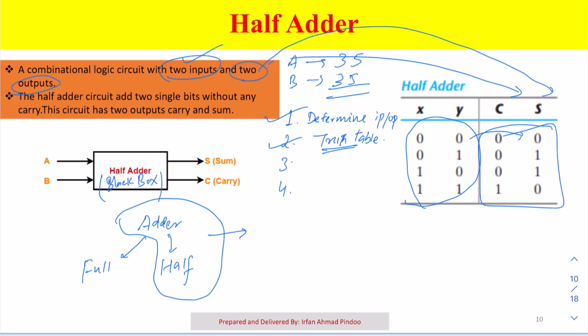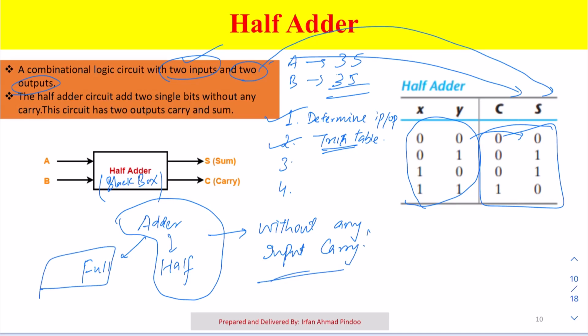So it is an adder where we are adding the numbers without any input carry, and this will be more clear once we will be studying full adder in the next video. So that is what is given in the second point. Once we talk about half adder, then we are doing addition without any input carry.